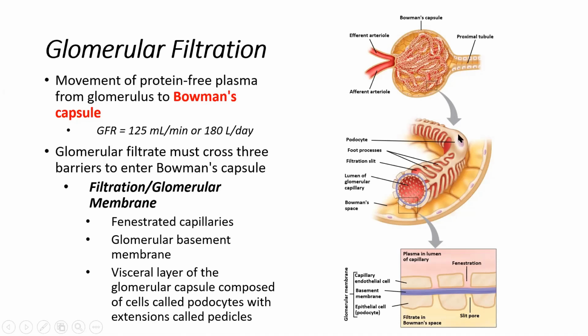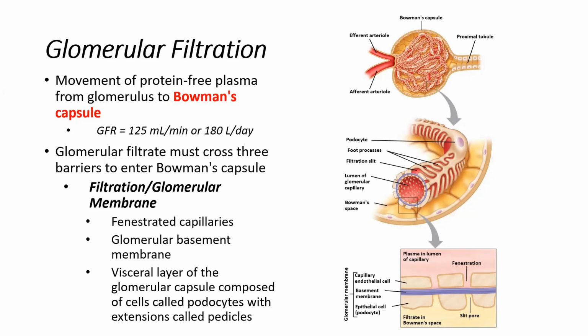The third layer is really a part of the visceral component of the Bowman's capsule. So thinking about this relationship here, where the Bowman's capsule is tightly or intimately connected to the outer aspect of those endothelial cells, those vessel cells, this visceral layer actually has cells that are called podocytes. And podocytes really reflecting the fact that these cells have foot processes.